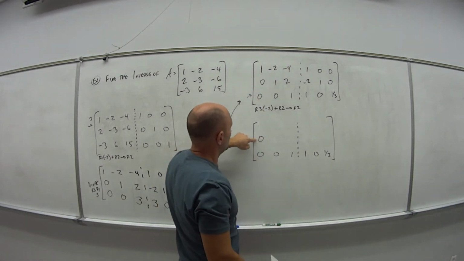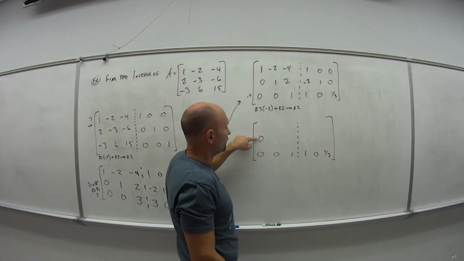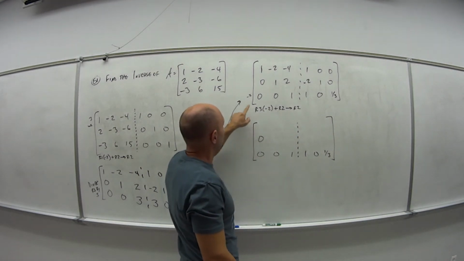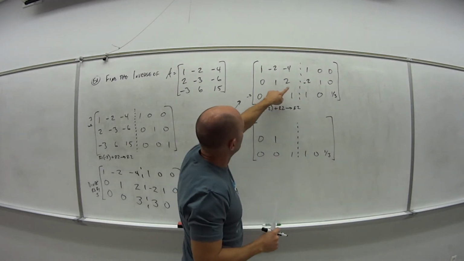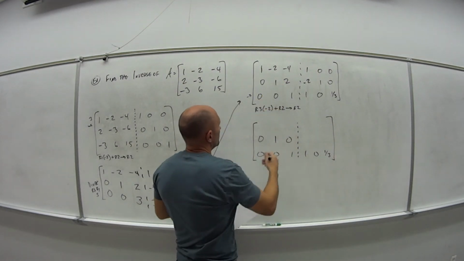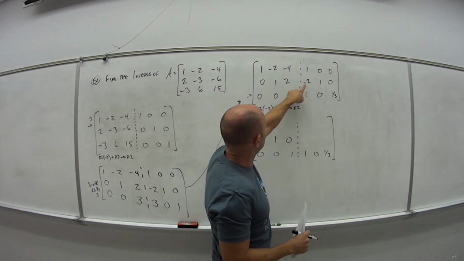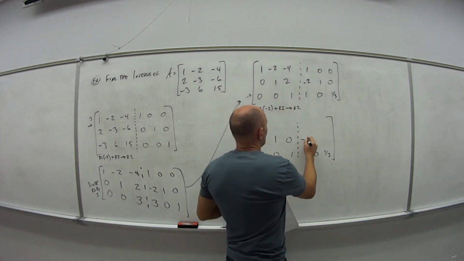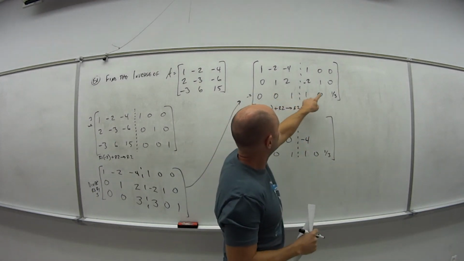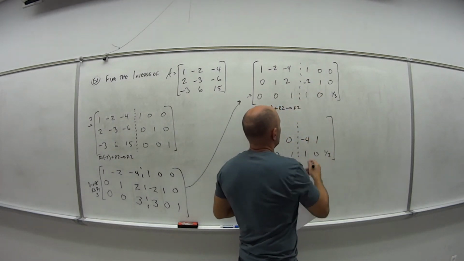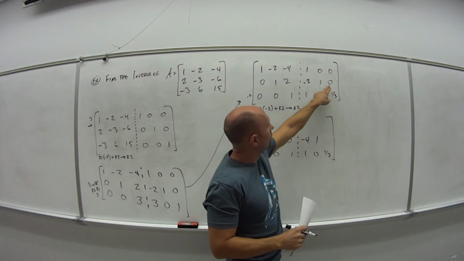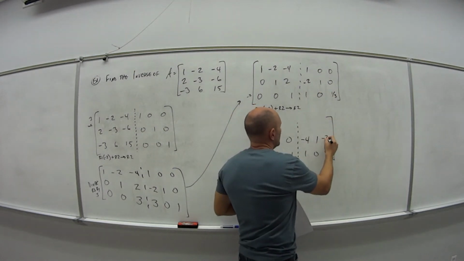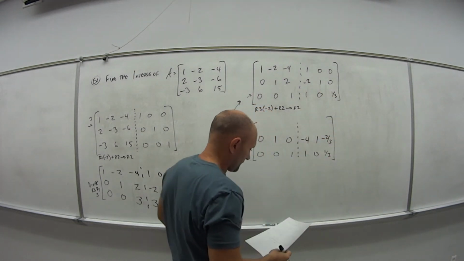Remember, we don't want numbers getting put back in here. For some reason, you end up with a number here, something's off. 0 plus 1, 1. -2 plus 2, 0. -2 minus 2, -4. 0 plus 1, 1. -2 times 1/3, -2/3, plus 0 is -2/3.